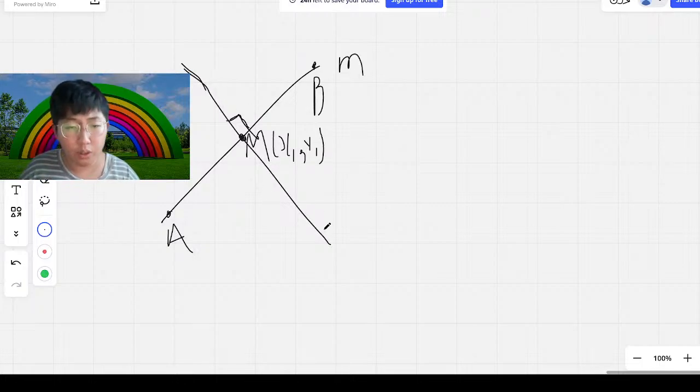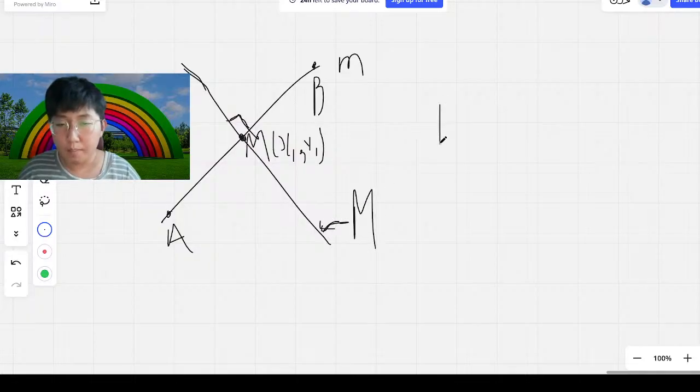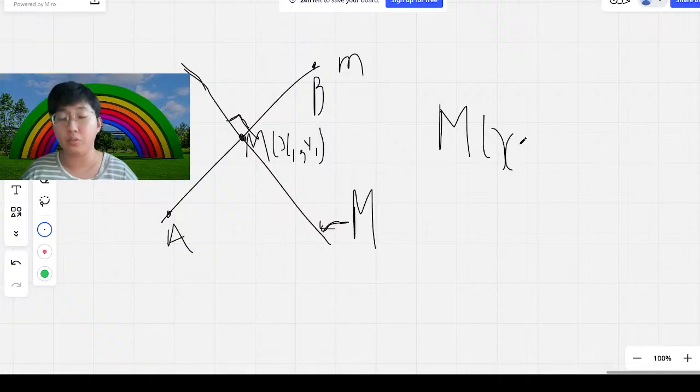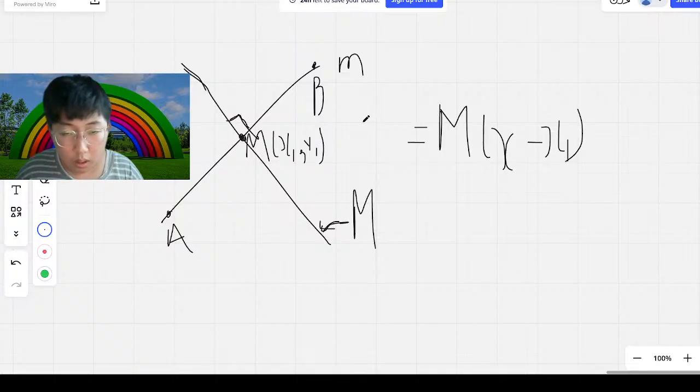If you know the gradient of this line here, let's say this is a big M, then we can just plug that into the point gradient form, right? So we can have y minus y1 is equal to m of that.